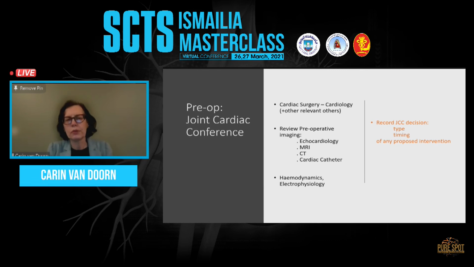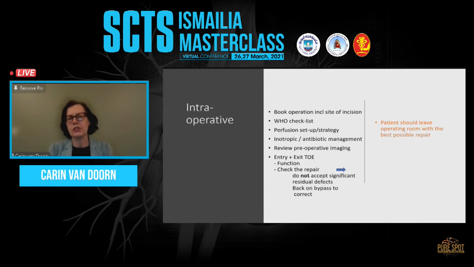So moving on from the preoperative phase, we now move into the operating theater, and that is where most of us actually really feel very at home. But what we need to know in that operating environment to be able to do the best possible job we can for the patient?